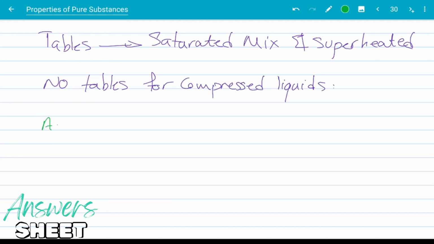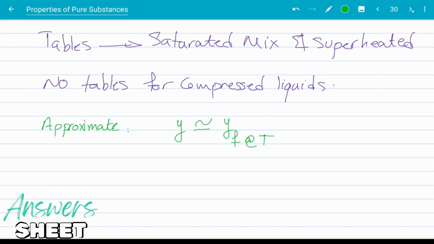So what we can do is approximate. How? We are going to say the property that we are looking for in a compressed liquid is approximately equal to the property of saturated liquid at the same temperature.